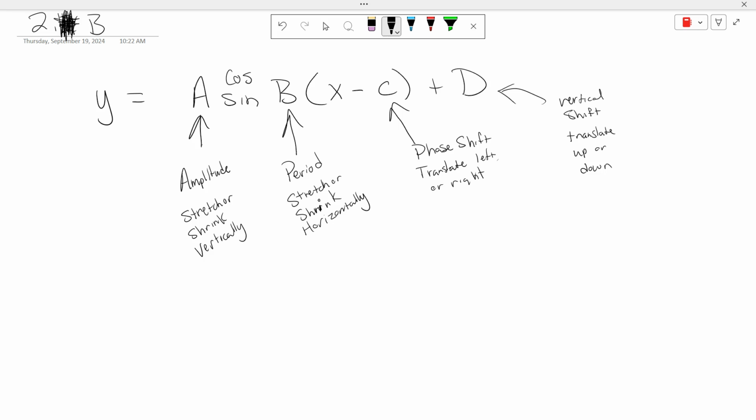And they'll affect the secant, cosecant, tangent, and cotangent curves the same way. Okay? The A, B, C, and D are important. Now, we'll worry about the B later next week. But we'll worry about the A, C, and D today.